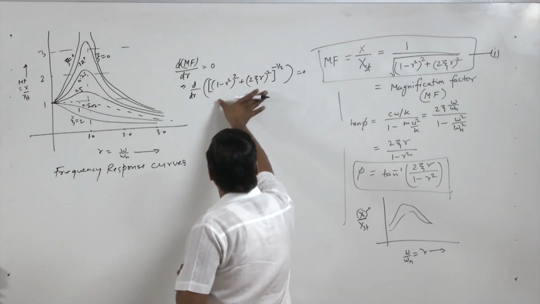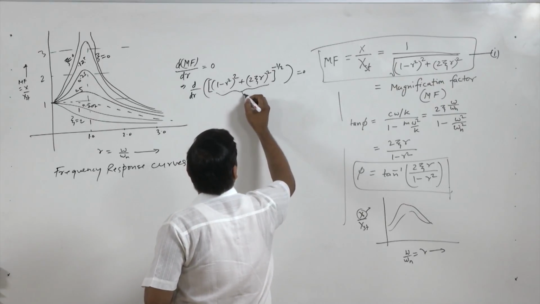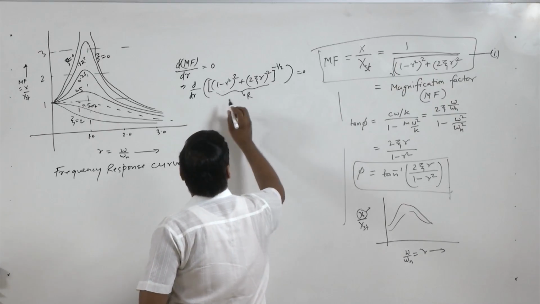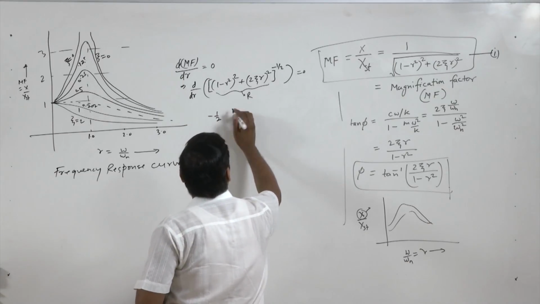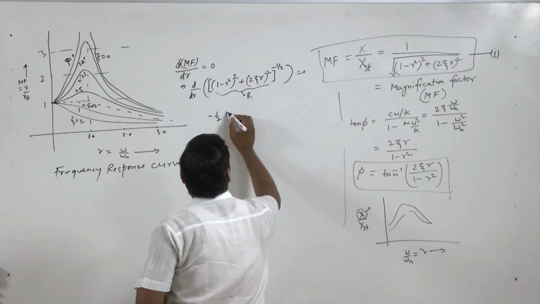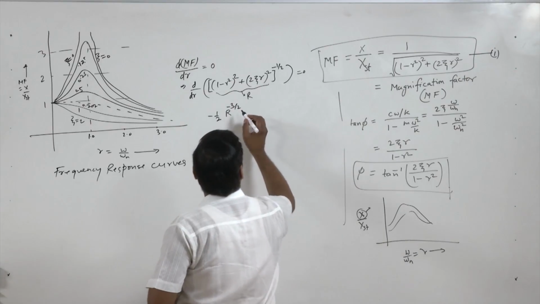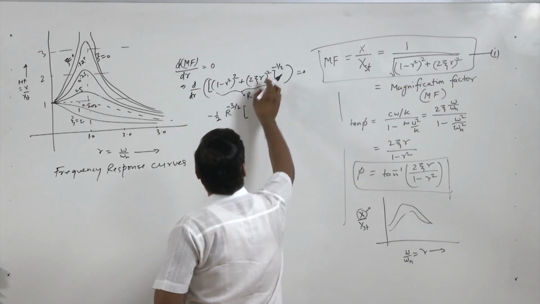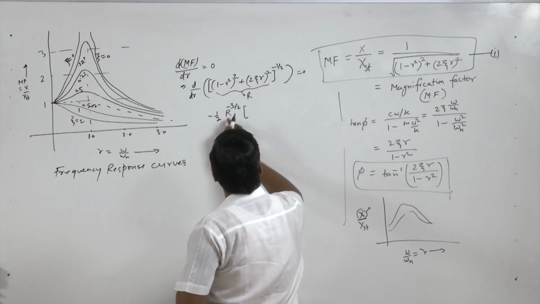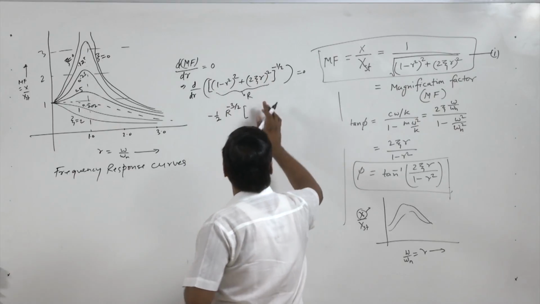Now we differentiate it, and let us say this quantity is R, so minus half into R to the power minus 3 by 2. This is R power minus half, so minus half, R to the power minus half minus 1, so minus 3 by 2.